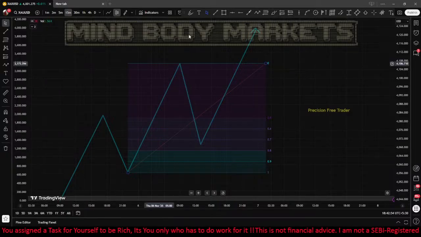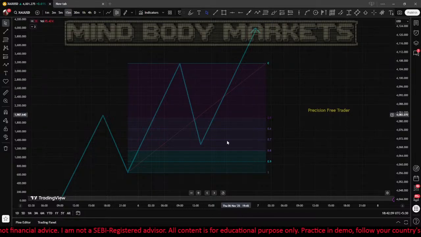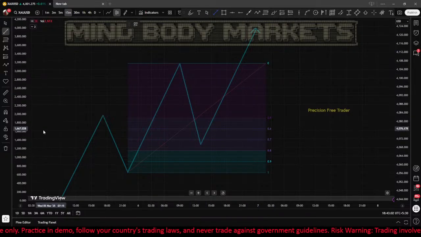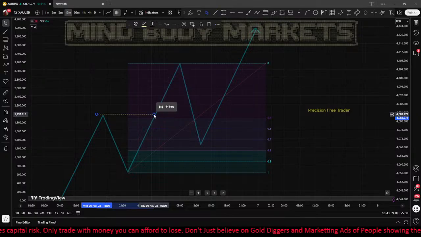See, if this is a bullish market, why have you marked this particular wave? Because this particular wave has already broken the previous market high.